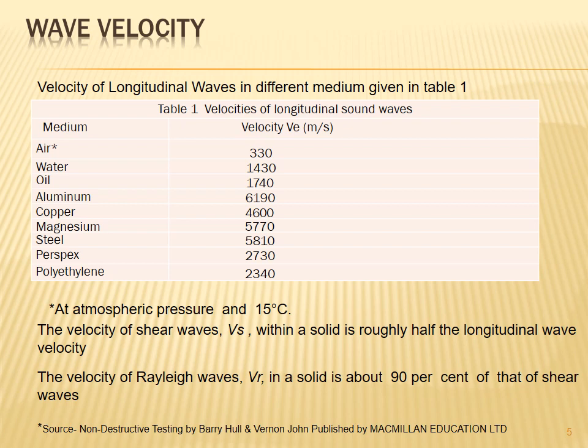When we talk about shear waves, how do we find out the velocity? Theoretically, the velocity of shear waves, denoted by Vs, within a solid is roughly half the longitudinal wave velocity. The Rayleigh waves are denoted by Vr, and the velocity of Rayleigh waves in a solid is about 90% of that of shear waves.